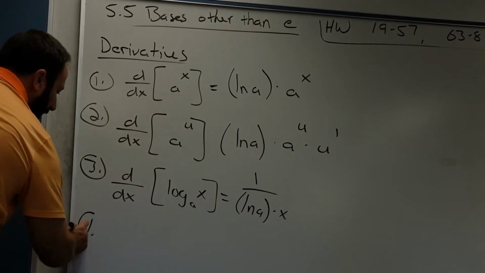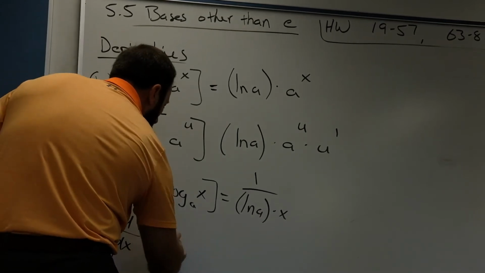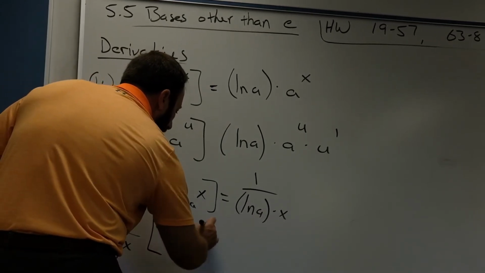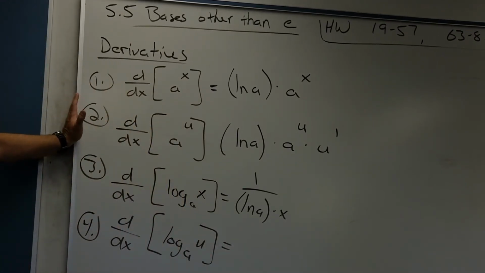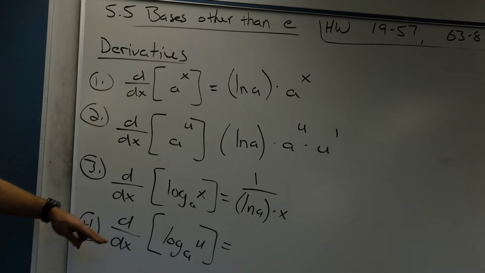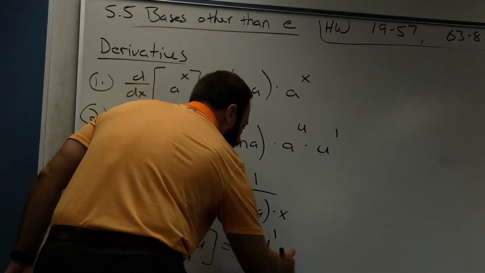And fourth, derivative with respect to x of log base a of u. What do you guys think this one's going to be? What's the derivative of ln of u? U prime over u. So now log base a of u, well, we're still going to have a u prime over u.